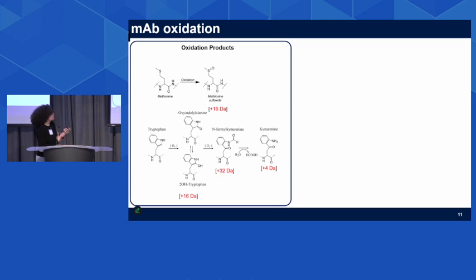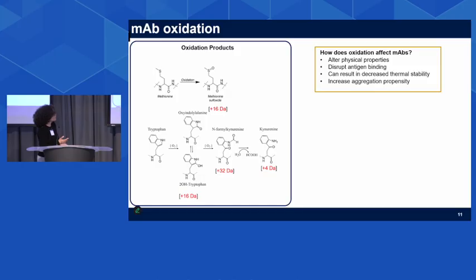But we were interested in pushing this a little bit forward, and so we look at degradation products, specifically oxidation, and these oxidation modifications are really small and range from 4 Dalton to 32 Dalton differences, but although they're quite small, they can have adverse effects on the mAb, such as altering their physical properties, disrupting antigen binding, and resulting in decreased thermal stability, as well as increasing the aggregation propensity of our molecule.